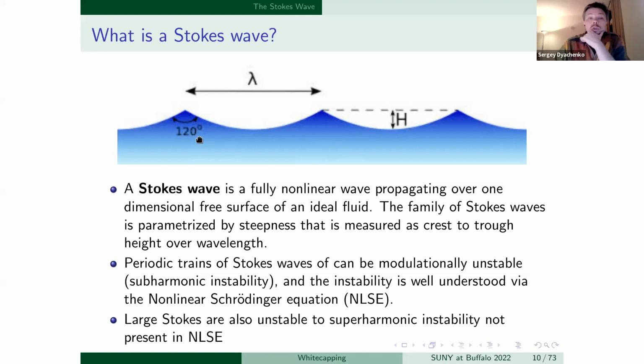The limiting Stokes wave has a 120-degree angle at the crest, and it's a rather peculiar object. Usually we will not be able to make any numerical simulations of exactly the limiting wave, but it is always interesting to approach the limiting Stokes wave as much as we can, at least when we're talking about high amplitude waves.